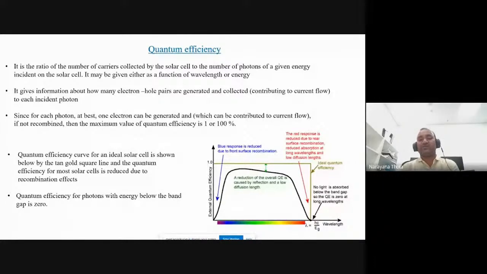You see this gold line, this is 100% efficiency. That means whatever photons are absorbed, they created electron hole pairs and participated in the current generation. This is the ideal quantum efficiency, whereas this is the ideal case only. Naturally, there will be many losses in the solar cell.